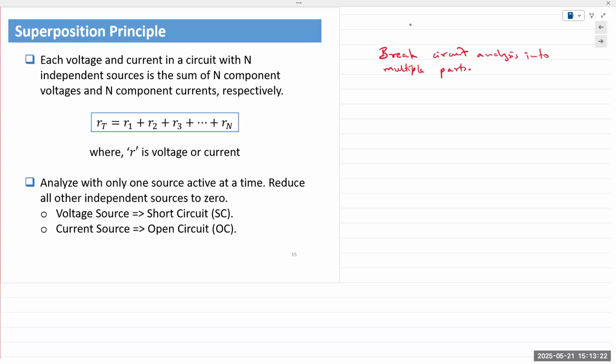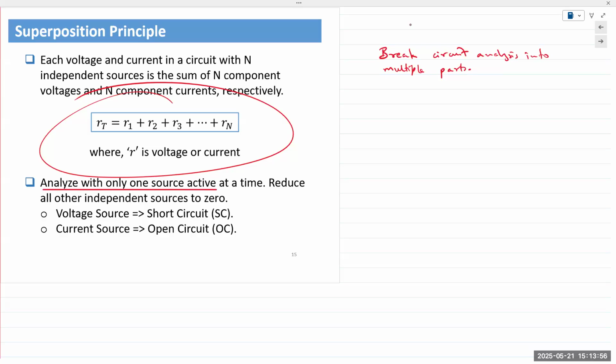So if it's a result of n number of sources working at the same time, it stands to reason that if you break it up into n number of parts with only one source working at a time, you can take those voltages and those currents, add them up, and determine your final answer. And that essentially is the superposition principle. We analyze with only one source active at a time.